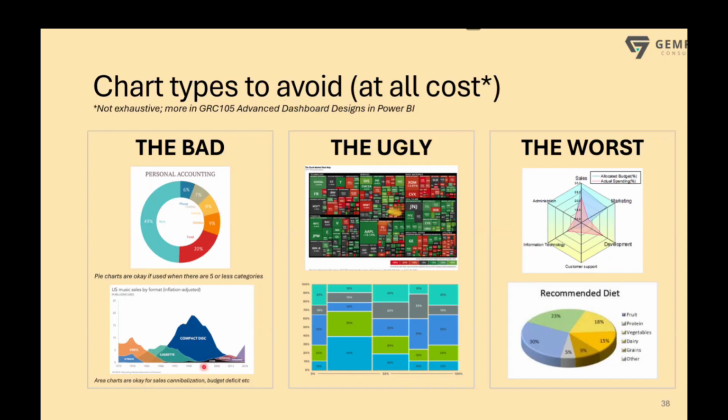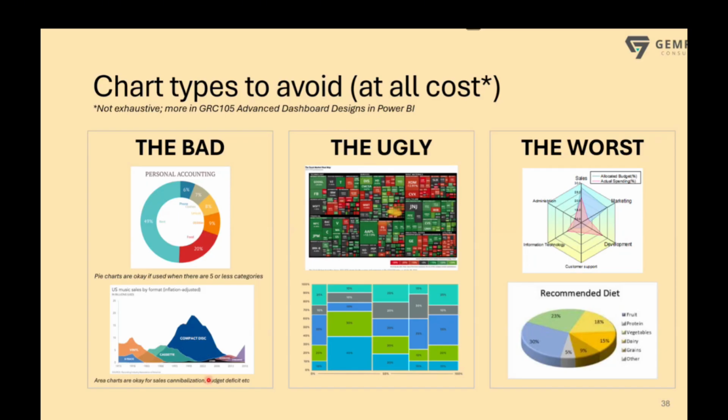And number 2 here, the bad one, is the area chart. It is okay if you want to show sales cannibalization, meaning the adoption rate of A versus B. You want to retire A and then you're expecting B to shoot up and A to come down. Area chart is fine for that reason.